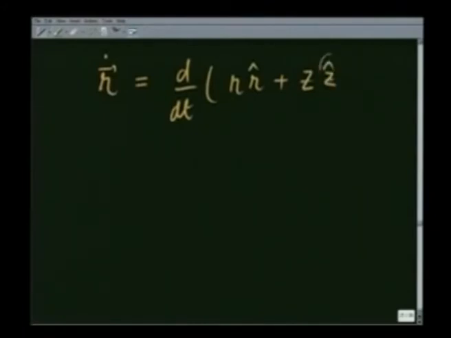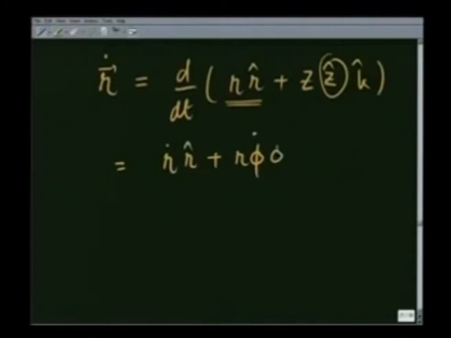You are more used to calling this k. So, I am using them interchangeably. This is going to be equal to r dot r plus, I have already derived this, so I am going to write the result right away without any derivation, r phi dot phi plus z dot k or z dot z. There is no derivative of this because z unit vector is fixed.